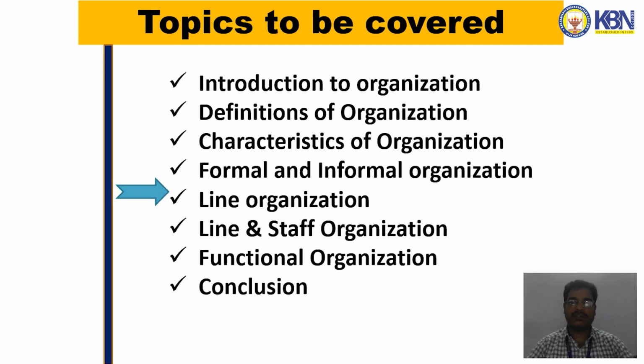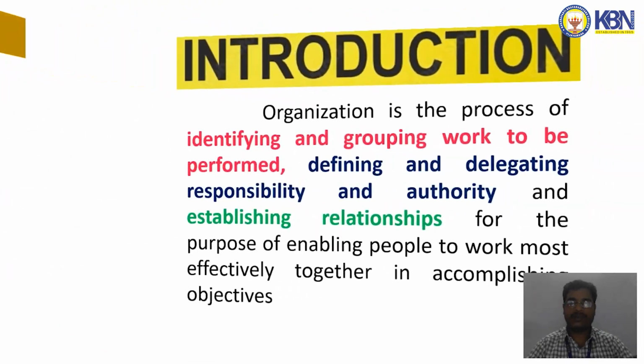In that we have almost 5 to 6 organizational designs which we can see in every kind of organizational scenario, but only line organization, line and staff organization, and functional organization, these three are very important, and these three are very prioritized organizational designs when it comes to the real-time business scenario. So these are the topics that we are going to cover in this unit 3.